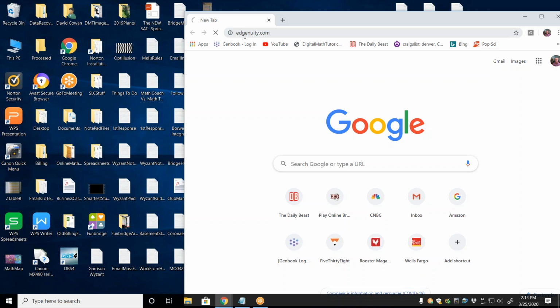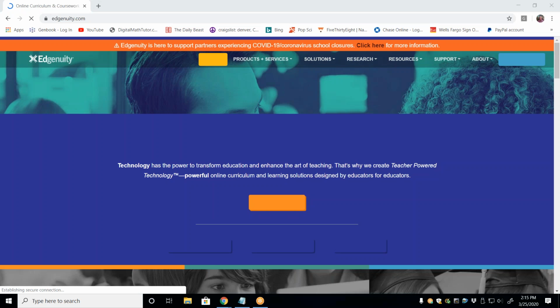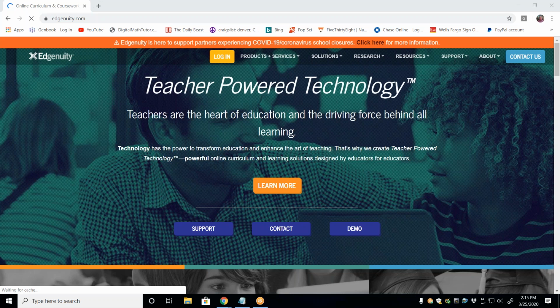So it's loading up here. One thing when we're running GoToMeeting is, if you have lots of stuff running in the background, you should close it. Oh, can only one be in it at the same time? Okay, go ahead. Log out of it. And then I see a login.